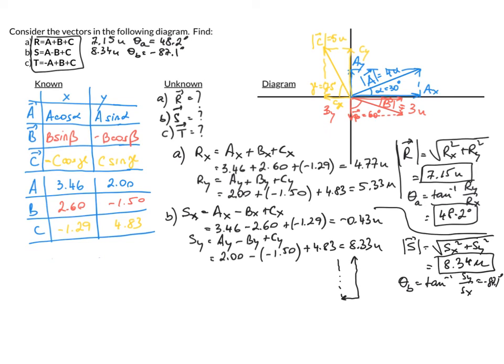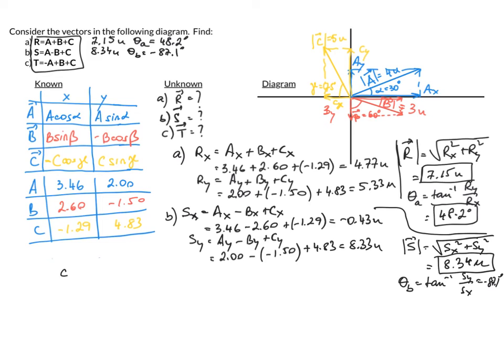So then when I draw the vector, this will be my vector s, and this is the angle theta sub b, and it's negative because it's with respect to the negative x-axis, not the positive x-axis. All right, so let me erase this. That was just a little check, and you should always make that little check.